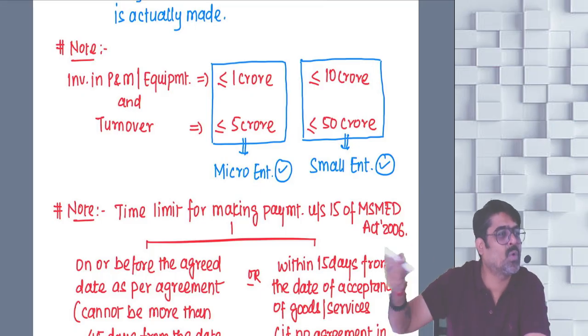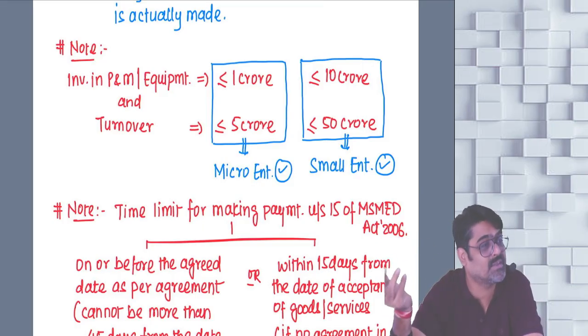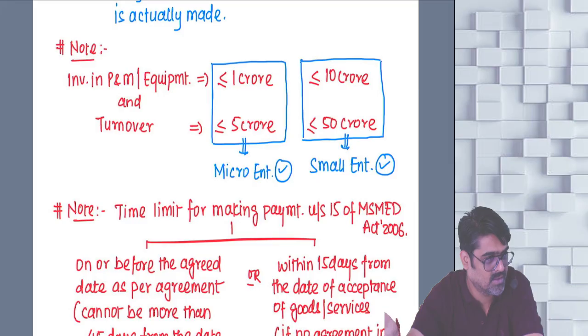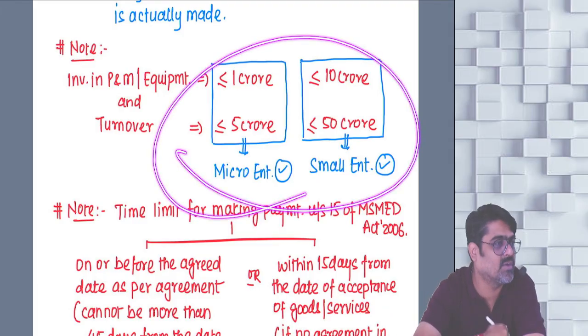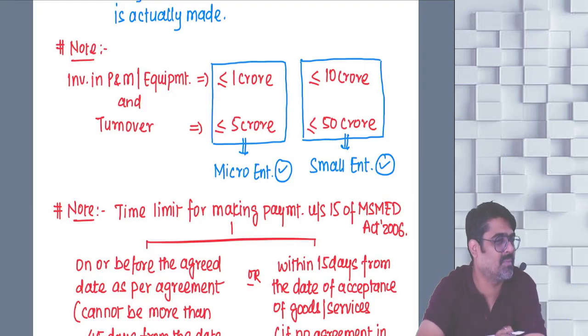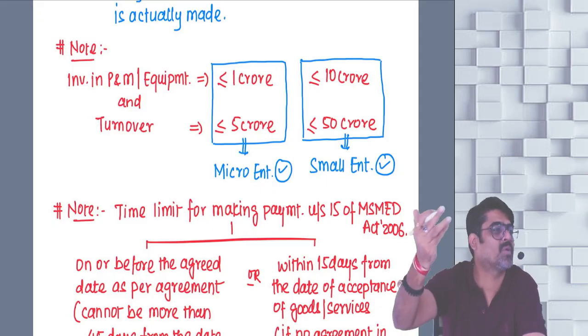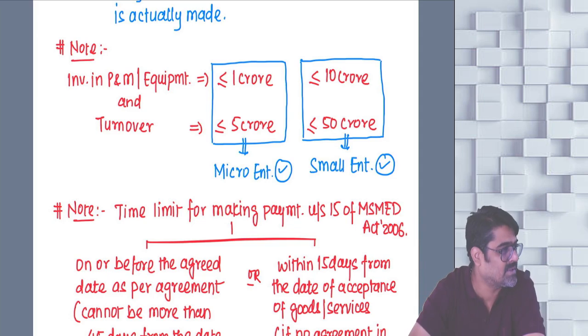Now if they don't get their incomes on time, they don't grow, and ultimately they are under financial crunch already. They are not that big. Investment in plant and machinery is within the 1 crore limit and turnover is less than 5 crores. For a small enterprise, investment is not more than 10 crores and turnover is up to 50 crores.